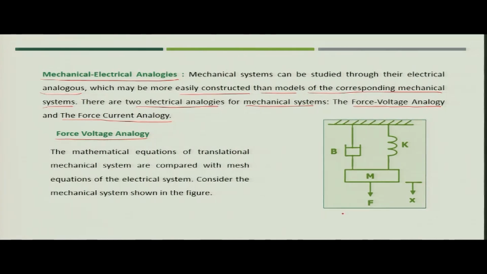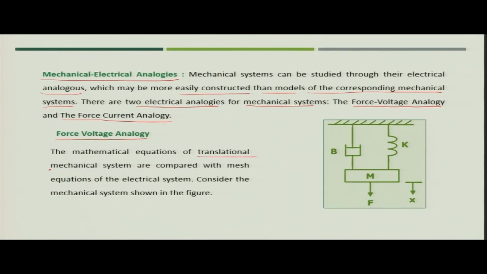If you see the mechanical system shown in the figure, we have one dashpot and one spring, and you see the mass m connected and force F applied, which is giving the displacement x.